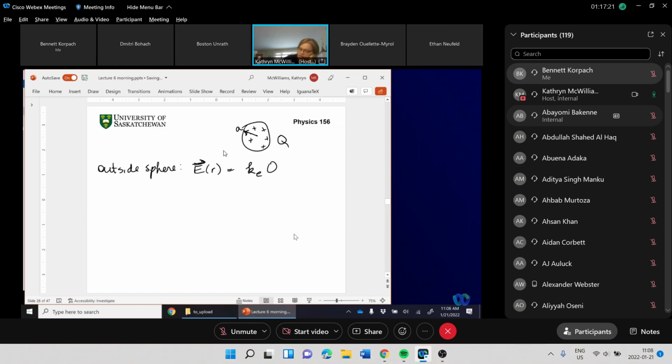We have k_e Q over r squared, in the radially outward direction. This r is the radius to some point P where you want to know what the potential or the electric field is. So it's the variable. r runs from infinity right up to the surface at radius A.